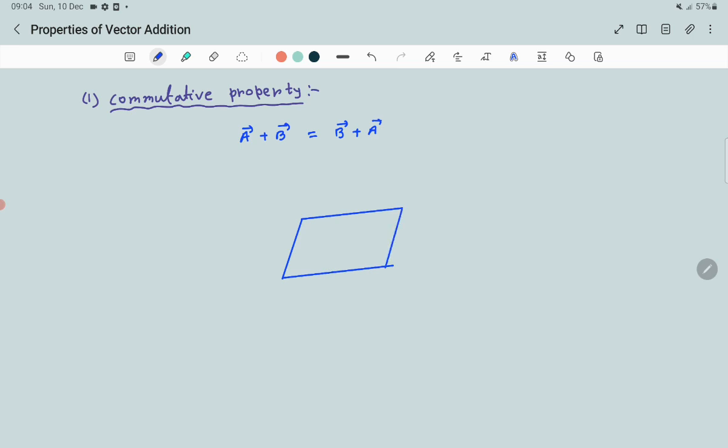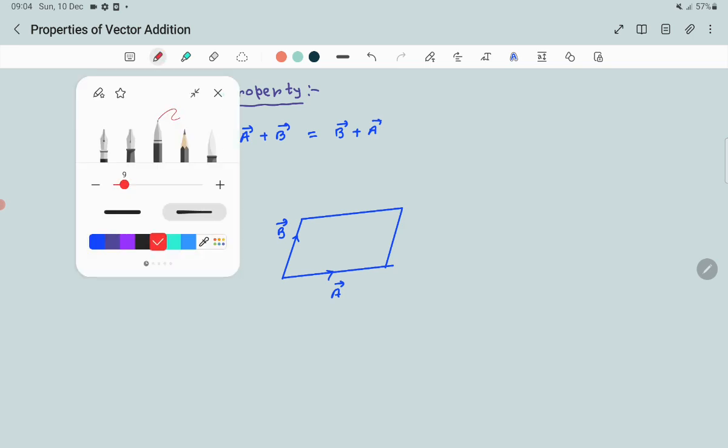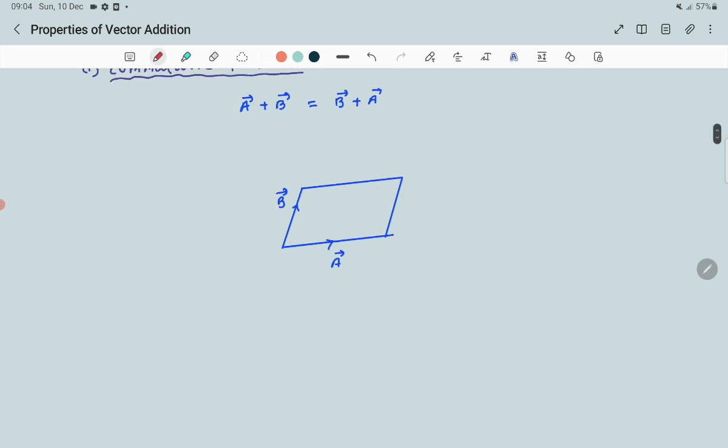Suppose this is your vector a and this is your vector b, and the resultant vector of a and b will be the diagonal adjacent to a and b, that is this. Okay, so this is your a plus b, very simple.